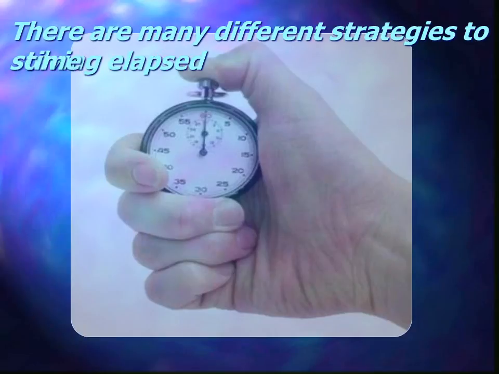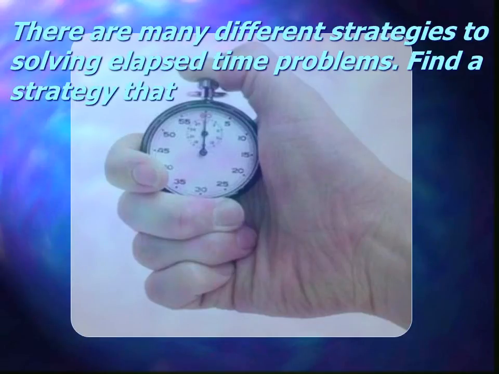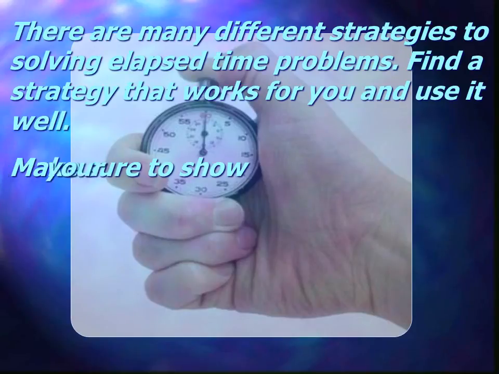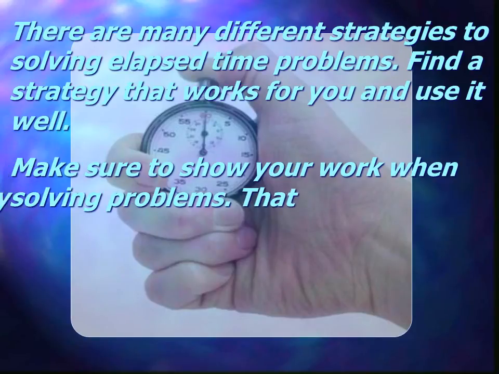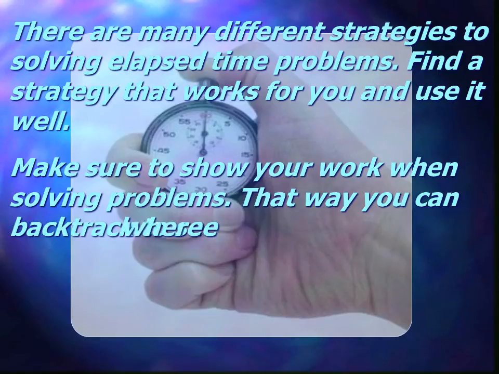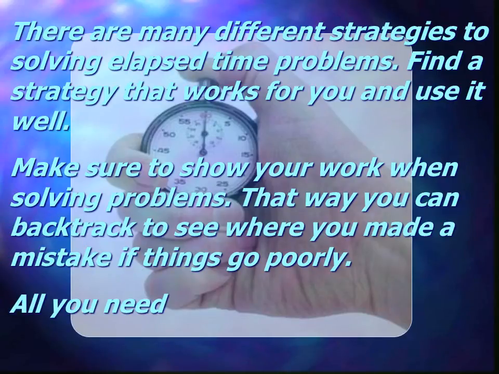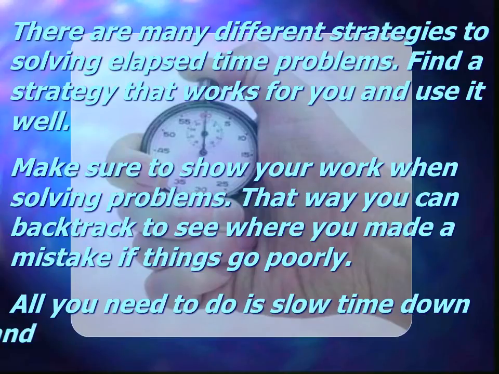There are many different strategies to solving elapsed time problems. Find a strategy that works for you and use it well. Make sure that you show your work when solving problems. That way you can backtrack to see where you made a mistake if things go poorly. All you need to do is slow time down and think.